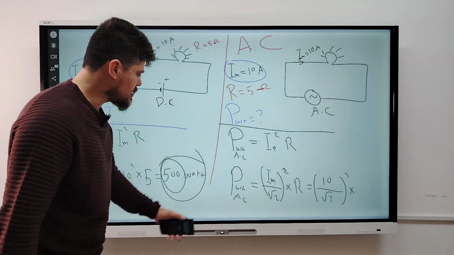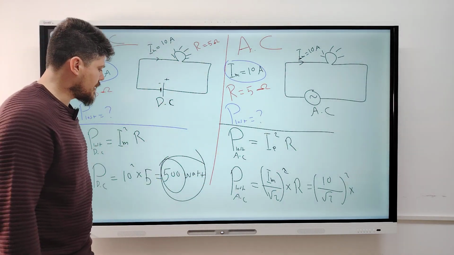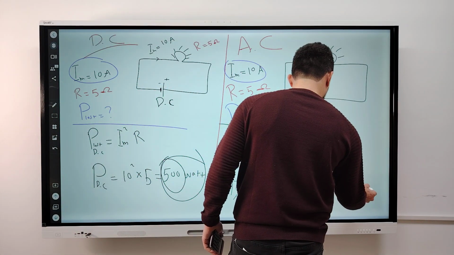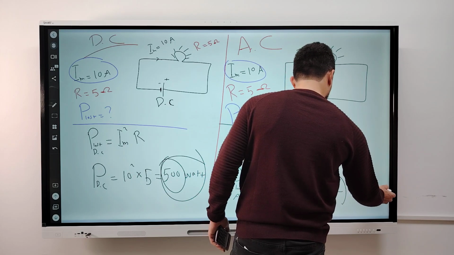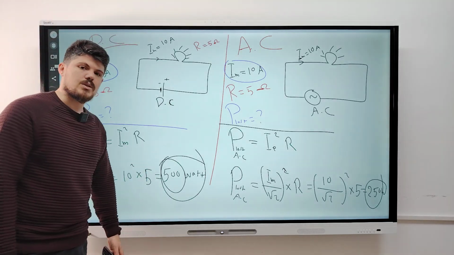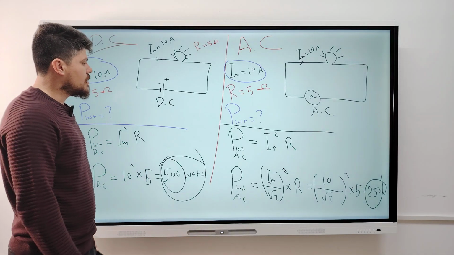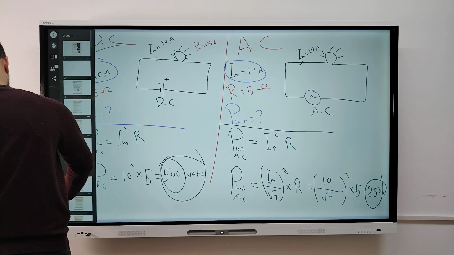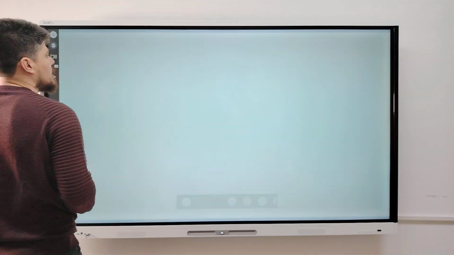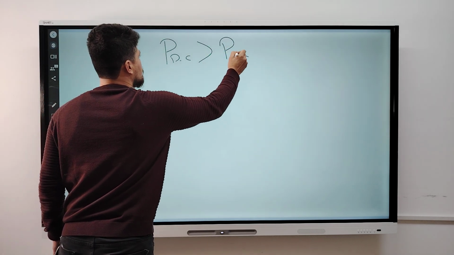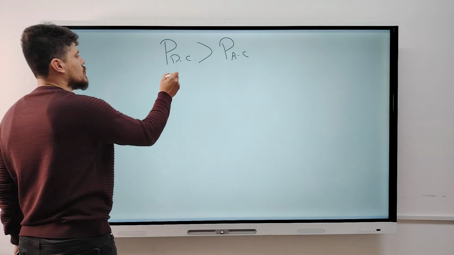Also you can calculate this because power in AC is half of its power in DC. Half of 500, times 5, is 250 watts. Which one is bigger? Absolutely, the 500 watt is bigger. So power in DC is bigger than power in AC, by a factor of 2.